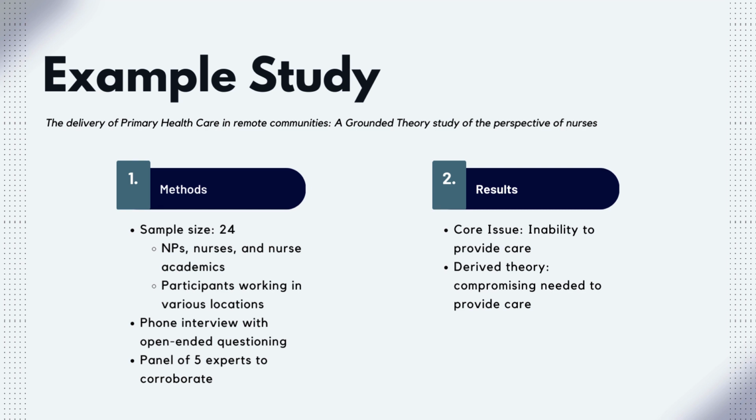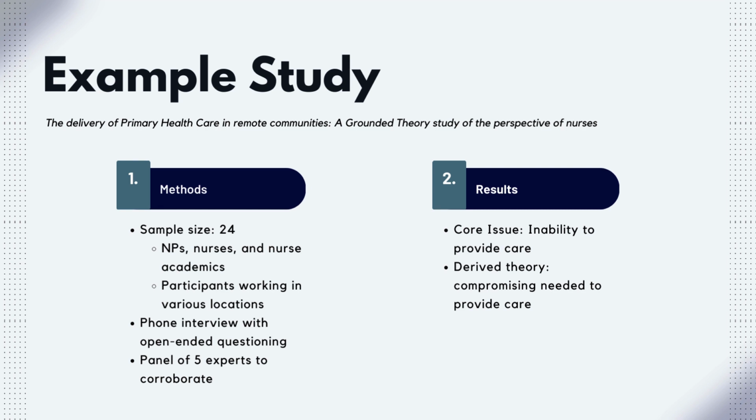Phone interviews were conducted for each participant, ranging from 45 minutes to 1 hour. In those phone interviews, open-ended questions were asked to collect qualitative data. After original data collection, an expert panel of 5 remote nurses was used to corroborate the findings.